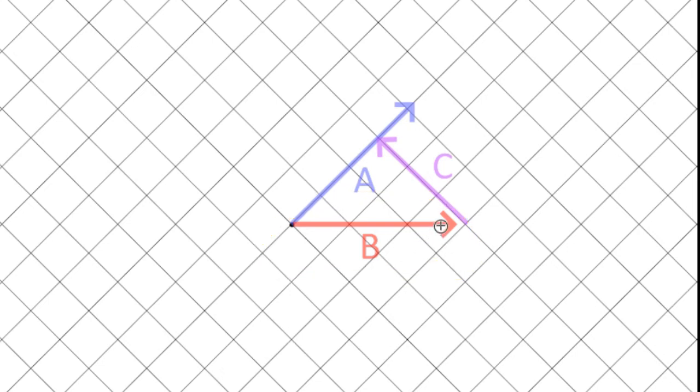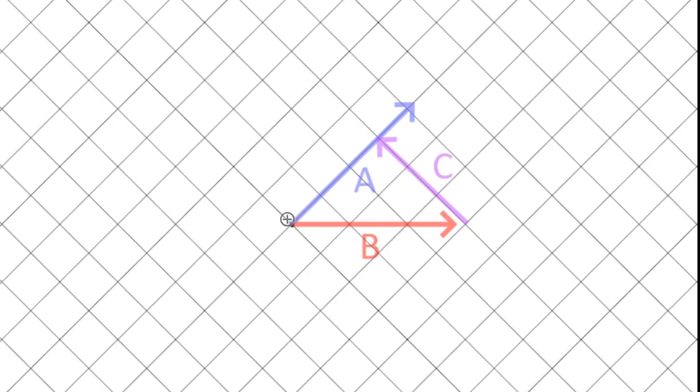But we know that B has two components. It's got this yellow component already described by A. But then it's also got this purple component, vector C, that's not described by A. So what we're doing is we split B into its two components.